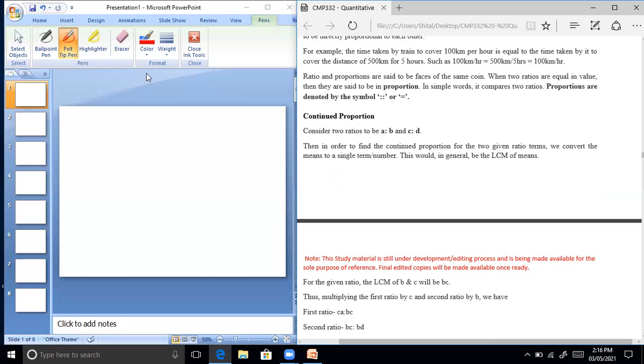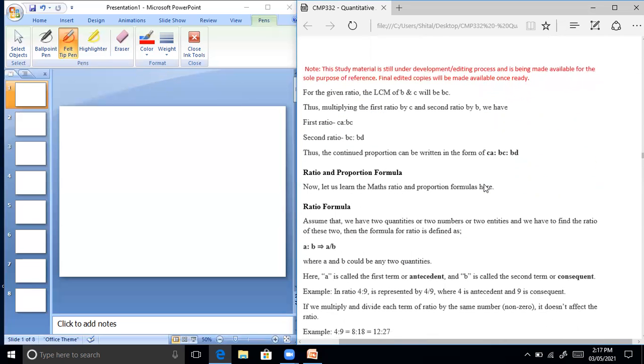Continued proportion. Consider two ratios, A by B and C by D. In order to find the continued proportion for the two given ratio terms, we convert the means to a single term or number. This would in general be the LCM of the means.